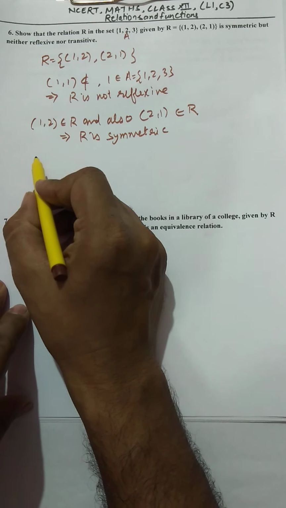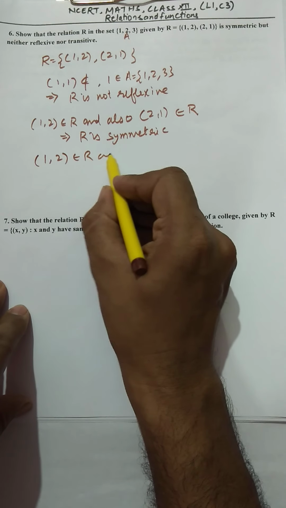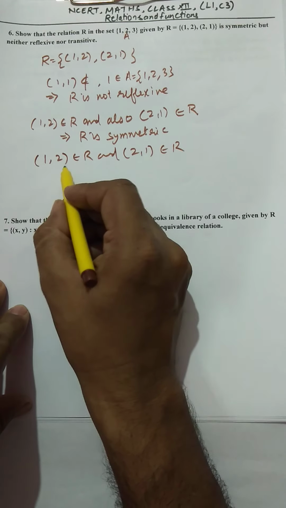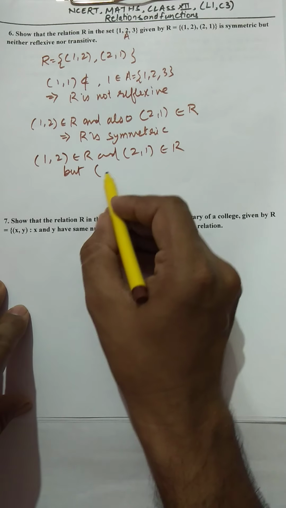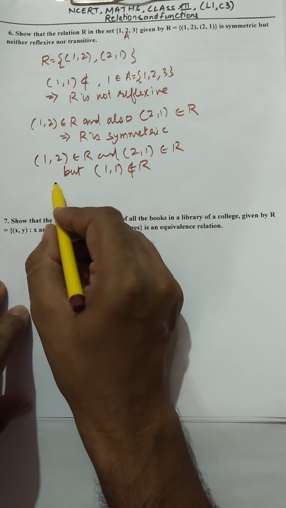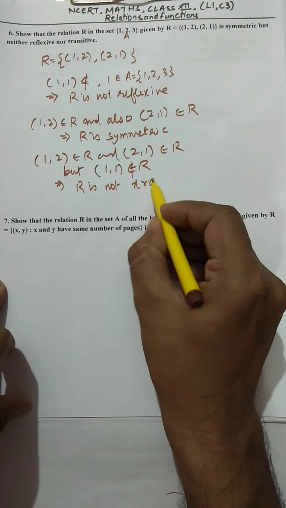For transitive, take another example. Let's say (1, 2) belongs to R and (2, 1) belongs to R, both belonging to R, but (1, 1) does not belong to R. It implies that R is not transitive.